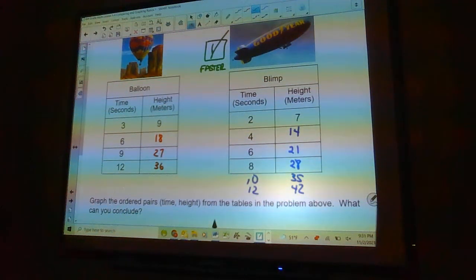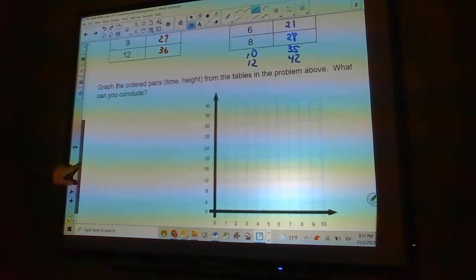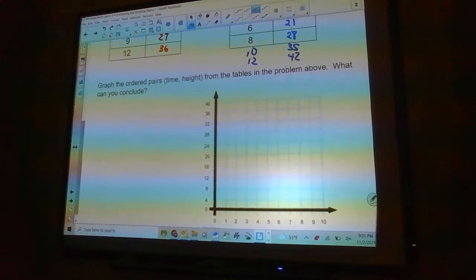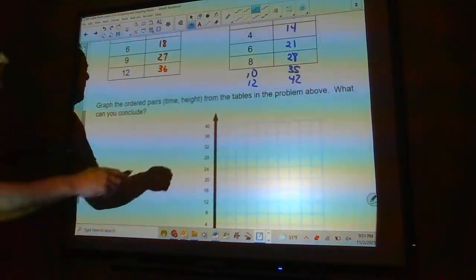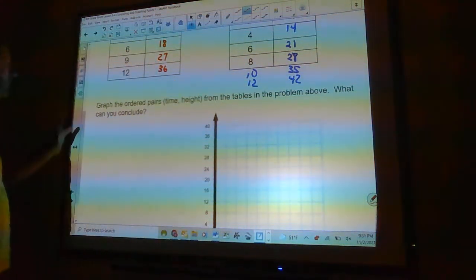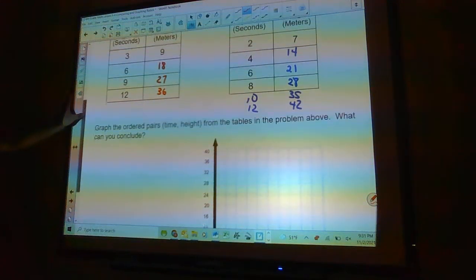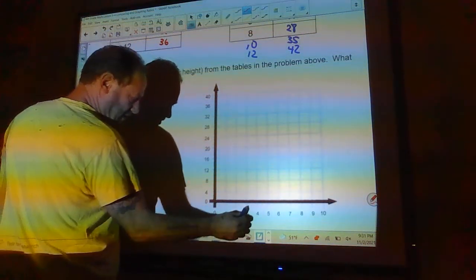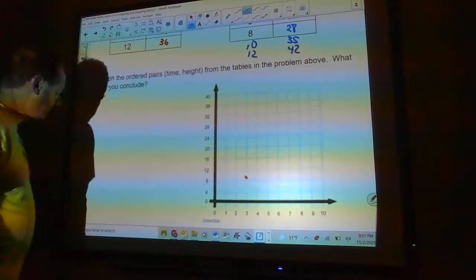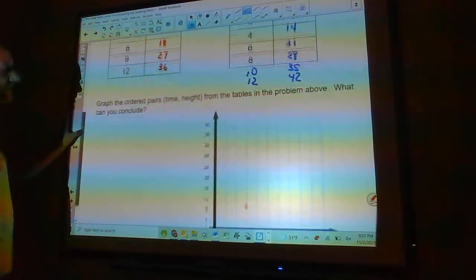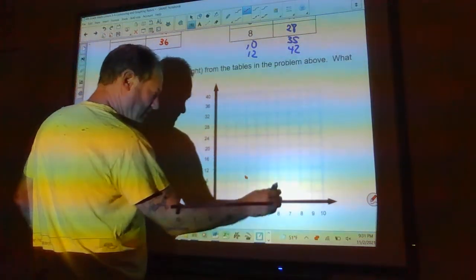Okay. So you can graph the ordered pairs, time and height, for the tables in the problem above. What can you conclude? Okay, so we can go ahead and graph those. So if we have the red ones here, we had 3 and 9. So 3, 9 is going to be right here. And then 6 is going to be 18.